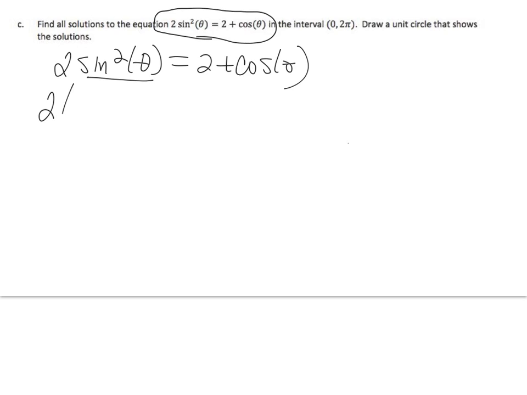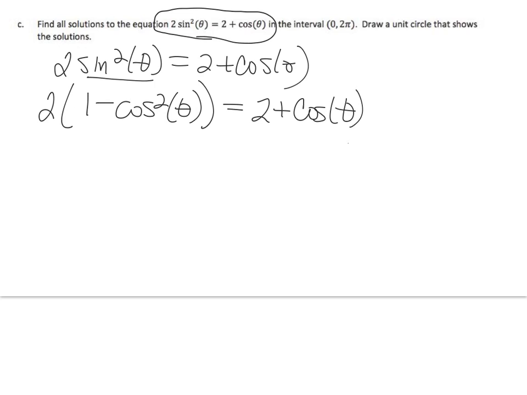So 2 times sine squared theta, which is 1 minus cosine squared theta, equals 2 plus cosine theta. Cool? Let's see what else we can do. I'm going to distribute that through: 2 minus 2 cosine squared theta equals 2 plus cosine theta.